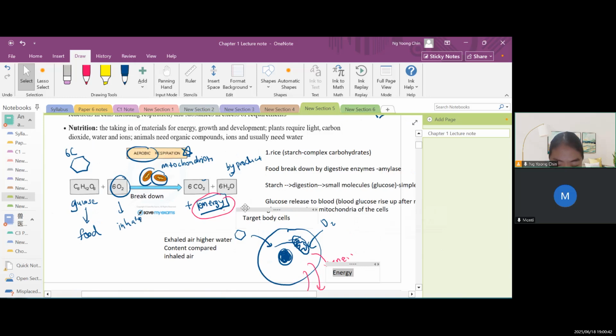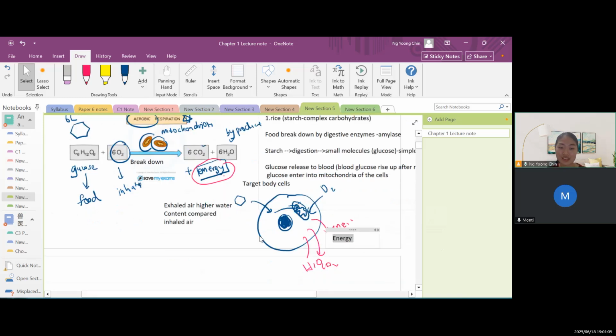To have movement, and to continue respiration. Okay, I think you understand a bit. But energy is produced because we need to supply our body cells with energy. That's the reason.